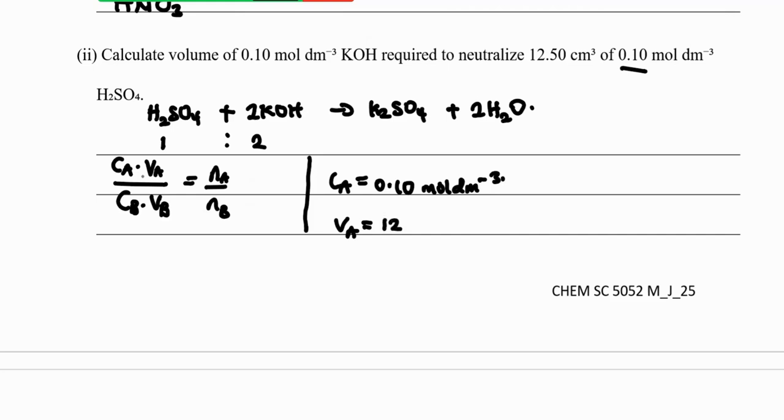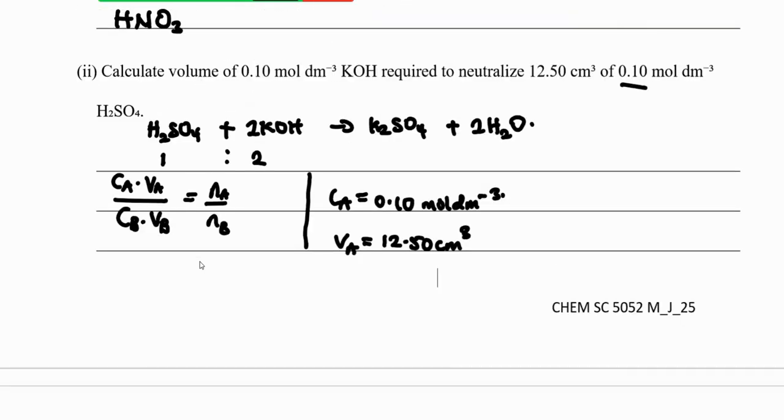Yes, which is 12.50 centimeters cube. The next one is concentration of base. Concentration of base is equal to 0.10, and then volume of base is what we don't know. So that's what we're going to be calculating.